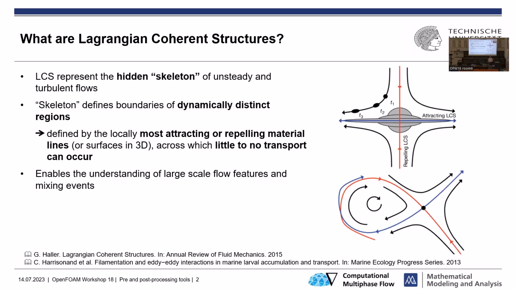So they help you to visualize and analyze coherent moving structures in your flow that don't mix with other structures in your flow. So for instance, on the top left image, there is a repelling structure and an attracting structure. If you have a fluid that surrounds the intersection, which is a saddle point, the fluid will stretch along the attracting LCS and will be squished along the repelling one, or also the fluid will be repelled from this repelling line or surface.